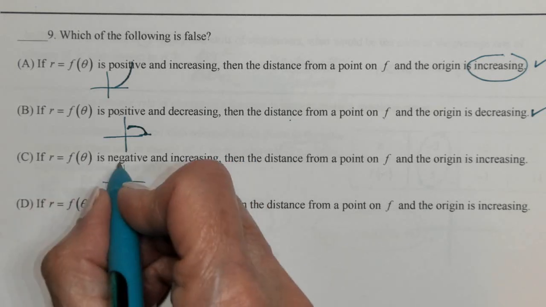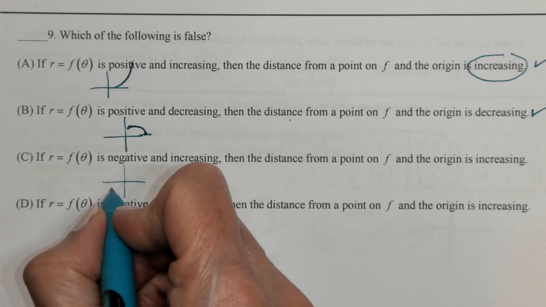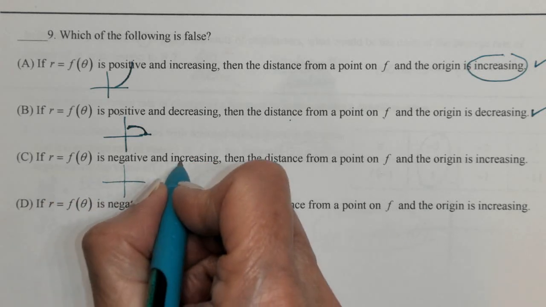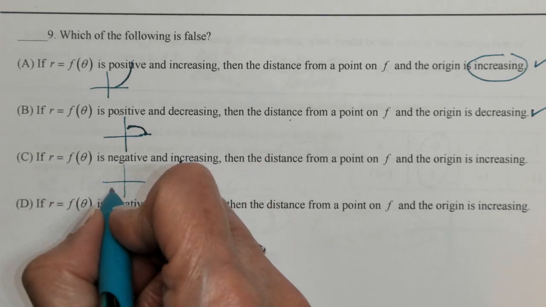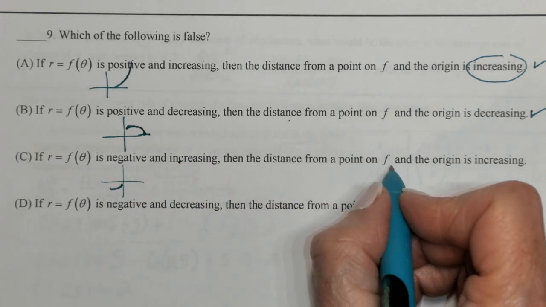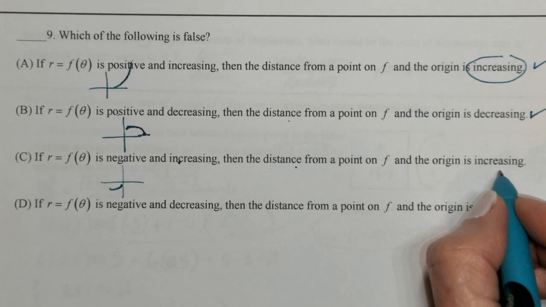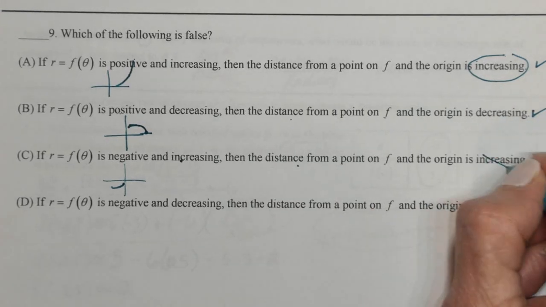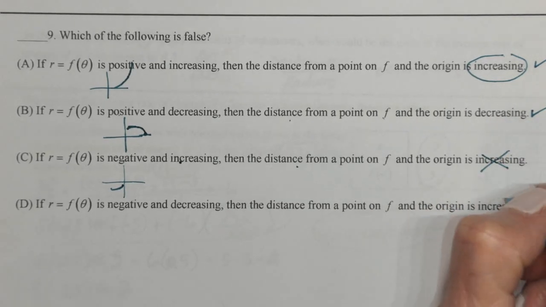If r is negative but getting less negative, it's getting closer to the origin. So the distance is not increasing. The distance is decreasing.